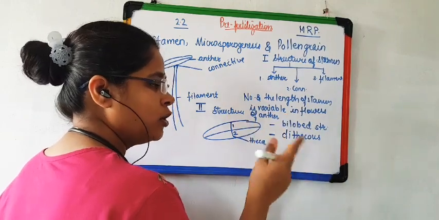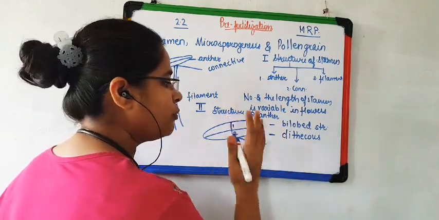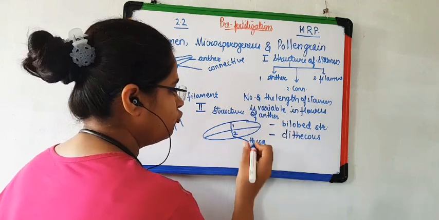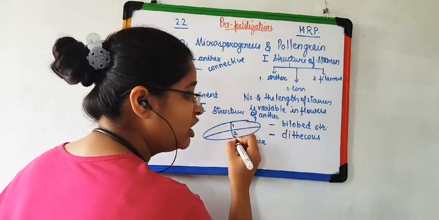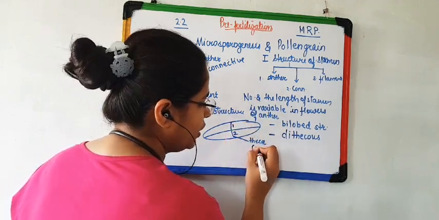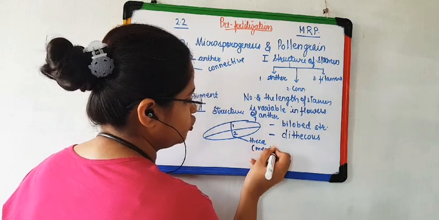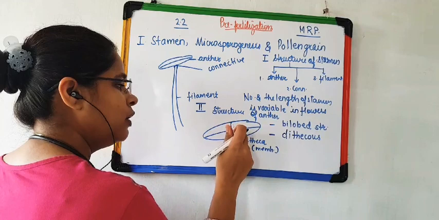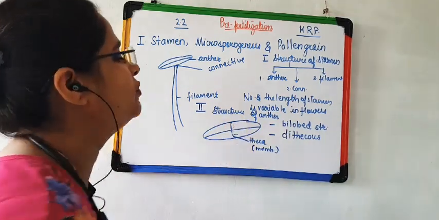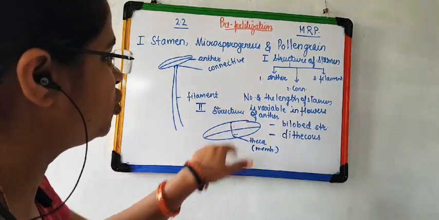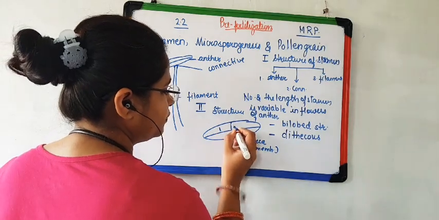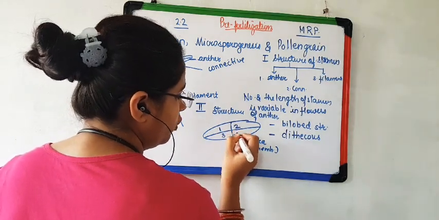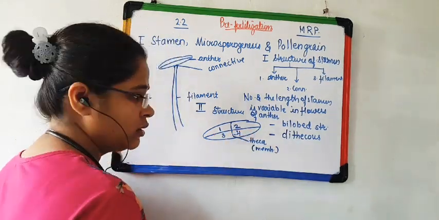Anther is a bilobed structure. There are two lobes. Both the lobes are separated from each other with the help of the formation of a theca inside, a very thin membranous structure. Therefore, it is also known as dithecous. Now, if we count how many chambers are present, 4, right?